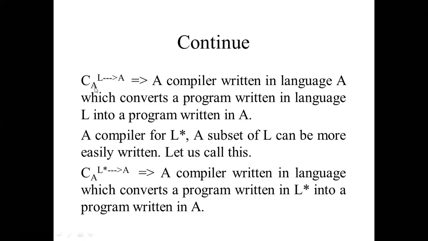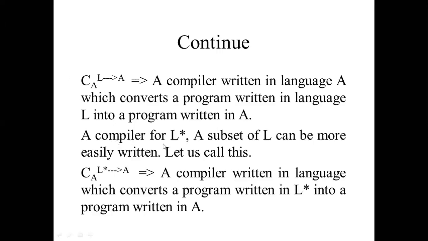So in the suffix, you are watching here, this is the compiler's own language in which it was written, and then it converts L to A. So this is converting a high level language to a low level language.